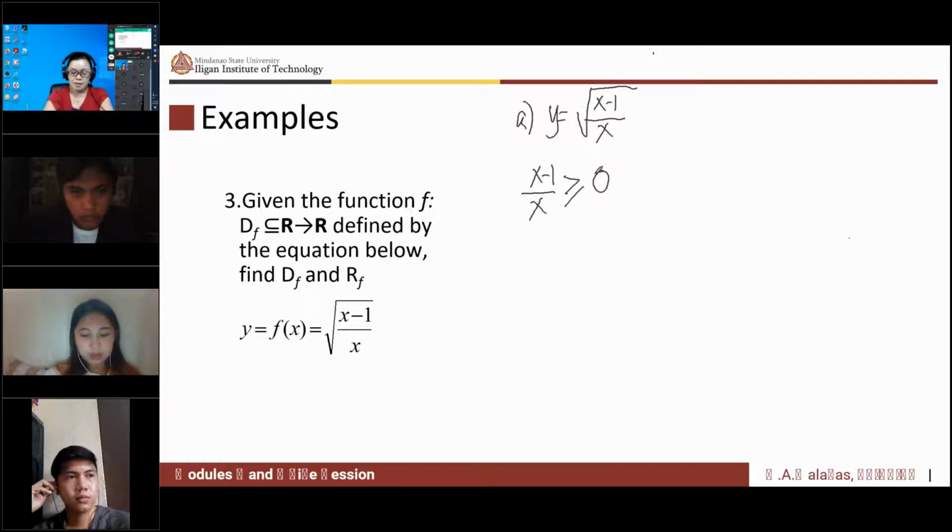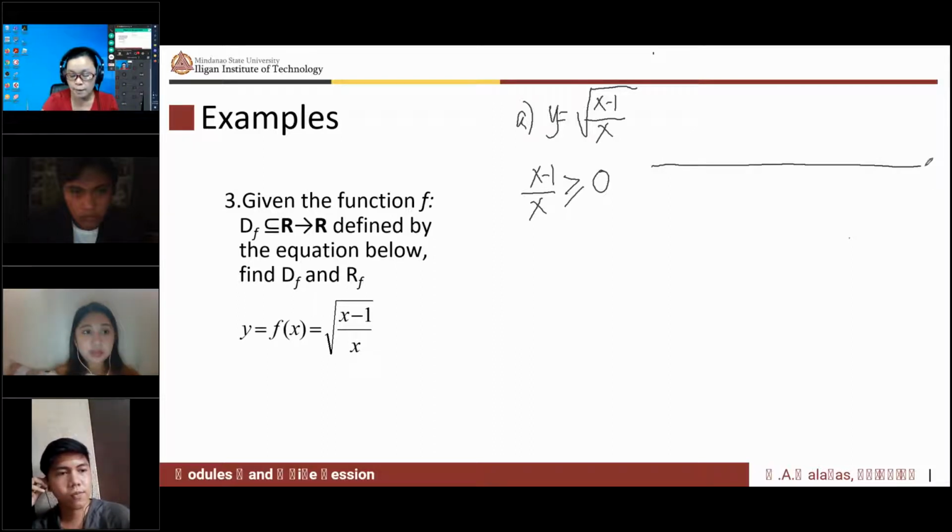So this is an inequality problem now. If you recall in the last session, the boundary points here are when x is 0 and the root of x minus 1 equals 0. So x is 1 and x is 0.